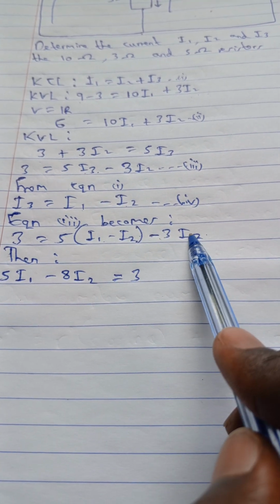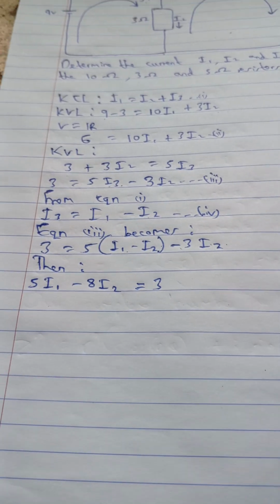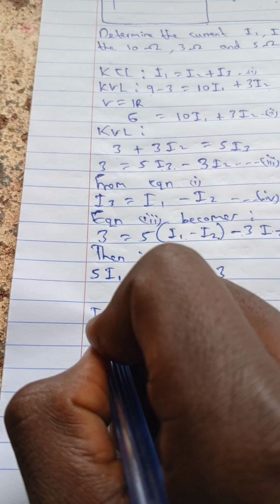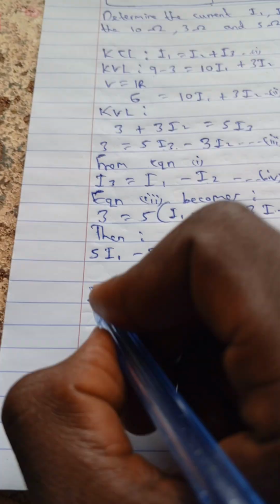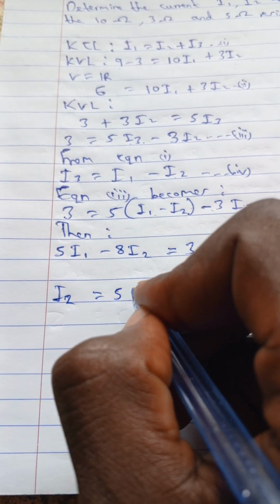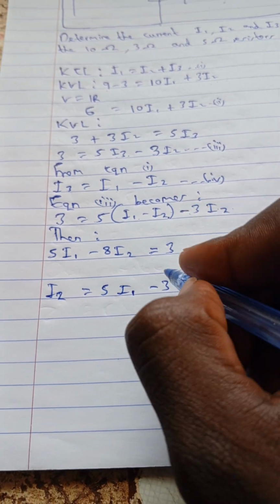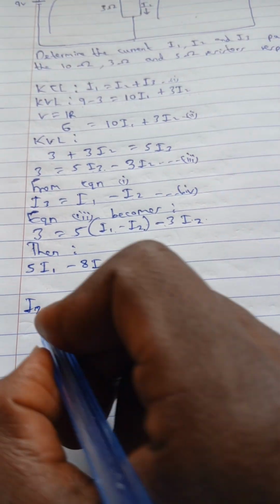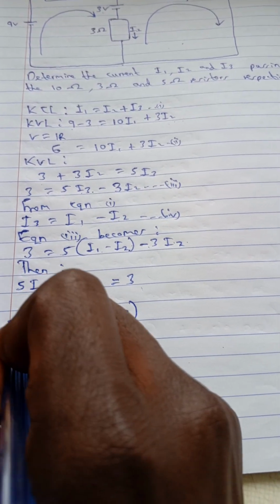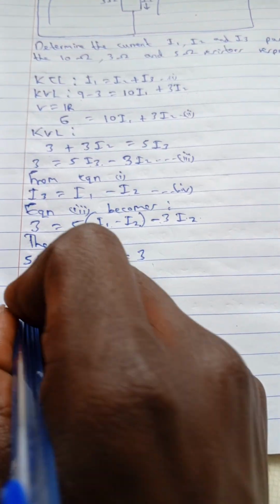We have I2, they are like terms, so that we get 8I2 is equal to 3. And we make I2 the subject, so that I2 will be given by 5I1 minus 3. Remember here we had 8, so we divide both sides by 8. Also here by 8. This one cancels.